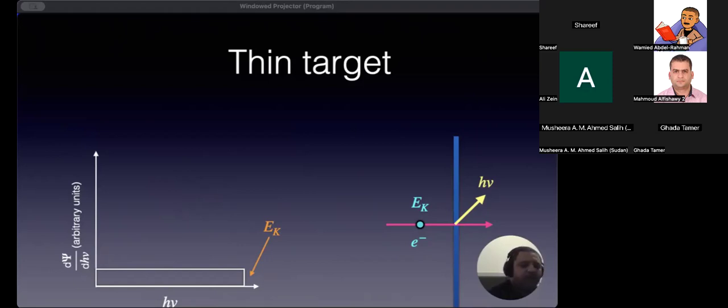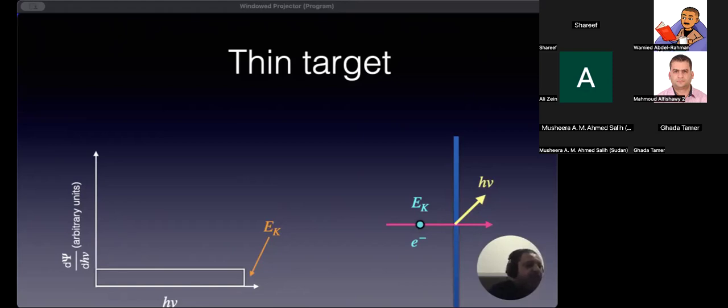Let's give an example. Suppose we have a 100 keV electron. The photon energy that could be produced would range from 100 keV, the maximum, all the way down to zero.